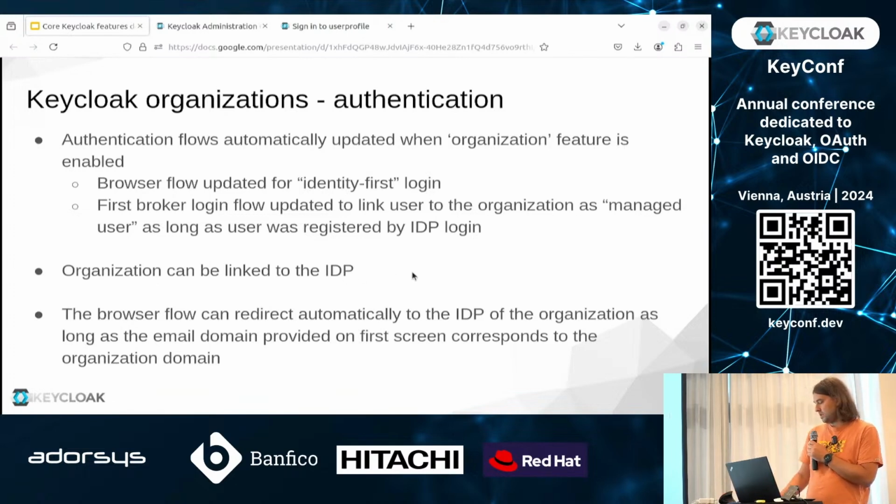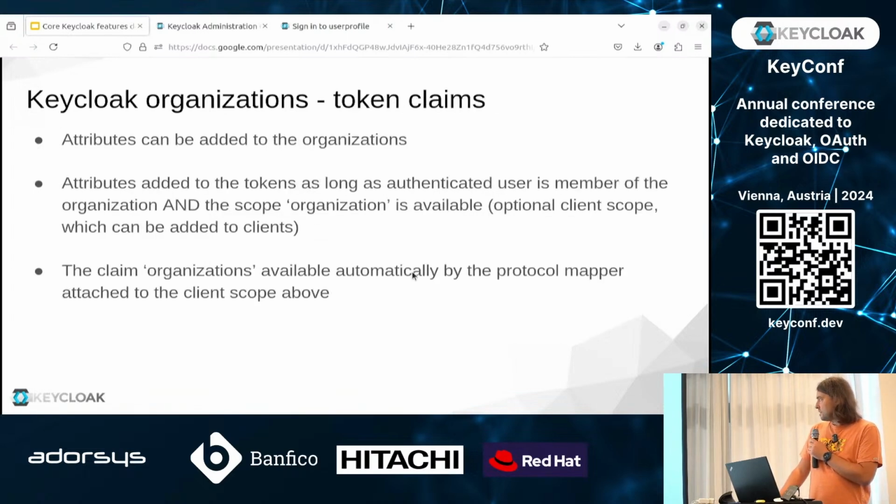So Keycloak provides the ability that an organization can be linked to an identity provider. Also, there are some token claims available in the tokens. As long as the scope organization is added, the claims in the tokens will by default contain the organization claim, and possibly more claims can be added based on the attributes of the organizations, as the organization can have attributes added to it.